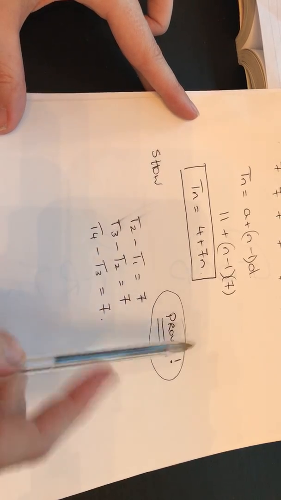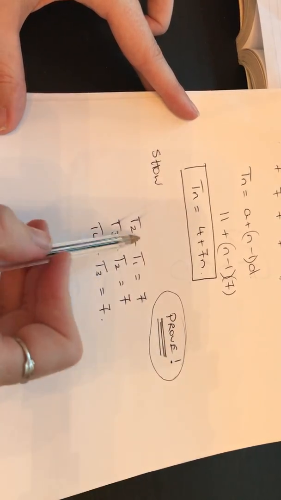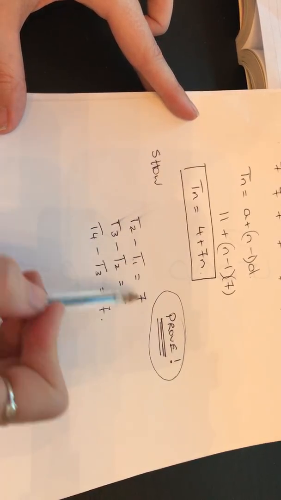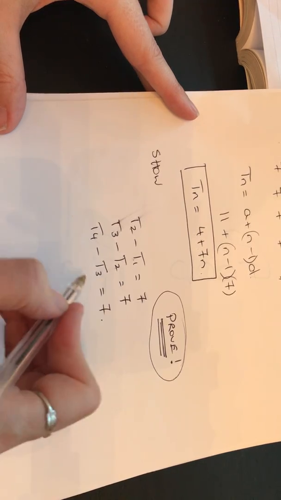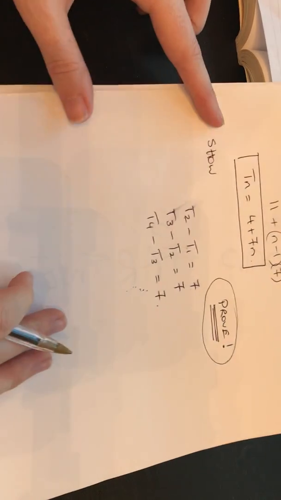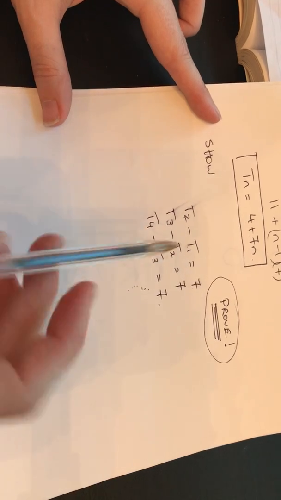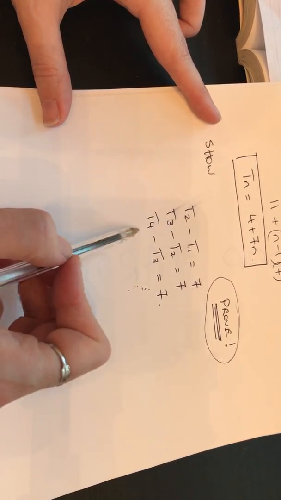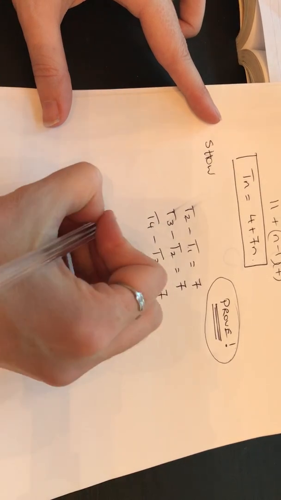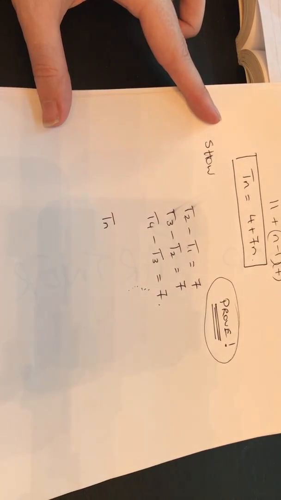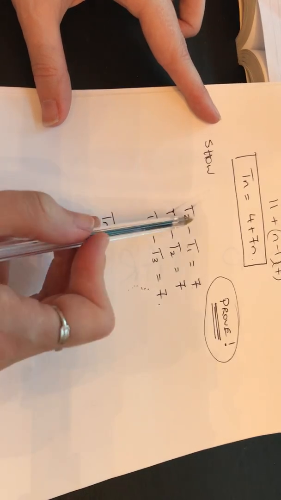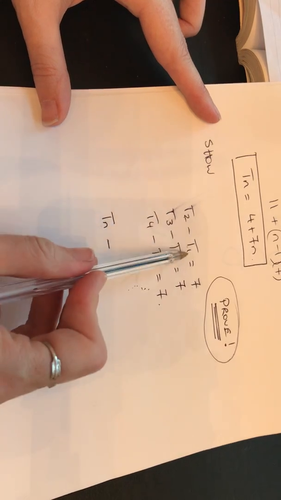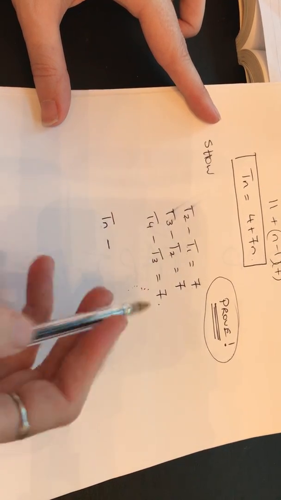Is there any way to say generally that any term minus the one before it should give me 7? Because that's what seems to be the pattern here. And just because it's the pattern doesn't mean it's going to continue, but I need to prove that it will. So instead of saying T2 or T3 or T4, I'm going to bring in some algebra. I'm going to say Tn, no matter what the value of this is, and subtract the one before it.